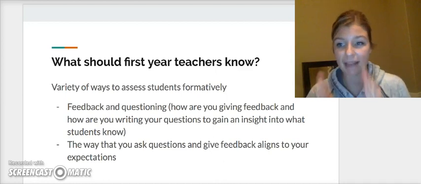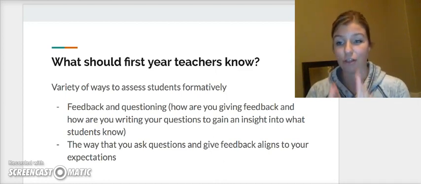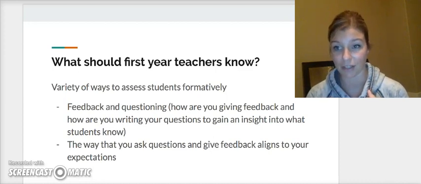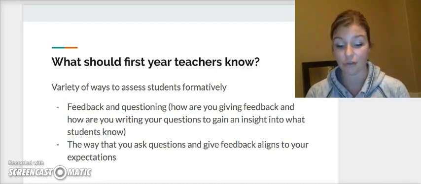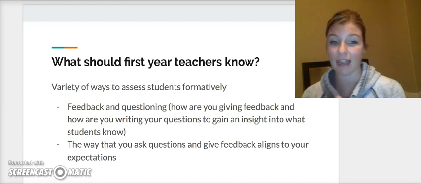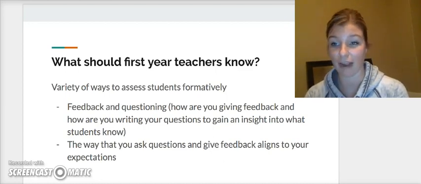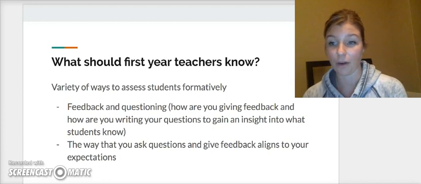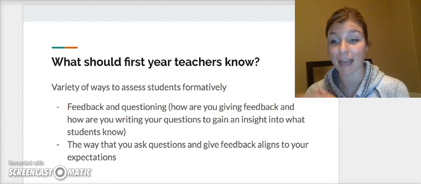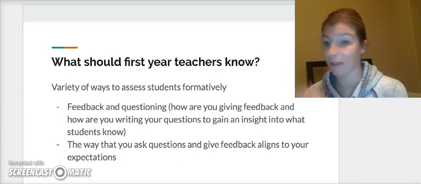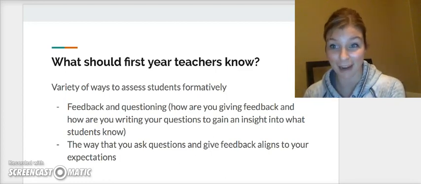The feedback that you give students is crucial. So let's go back to our fractions example. If I'm the student that struggles with fractions in your classroom, and you give me the test, and then you say, okay, Joni, you struggled with fractions, I want you to work on fractions, and then I'm going to give you another test. How do you think I'm going to do on that test? If I'm not getting feedback and instruction from a teacher, I'm going to do the same exact way I did the first time.